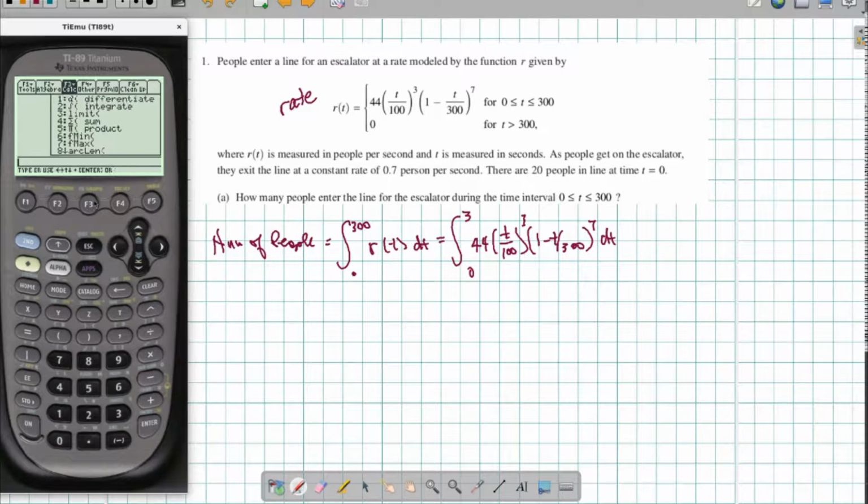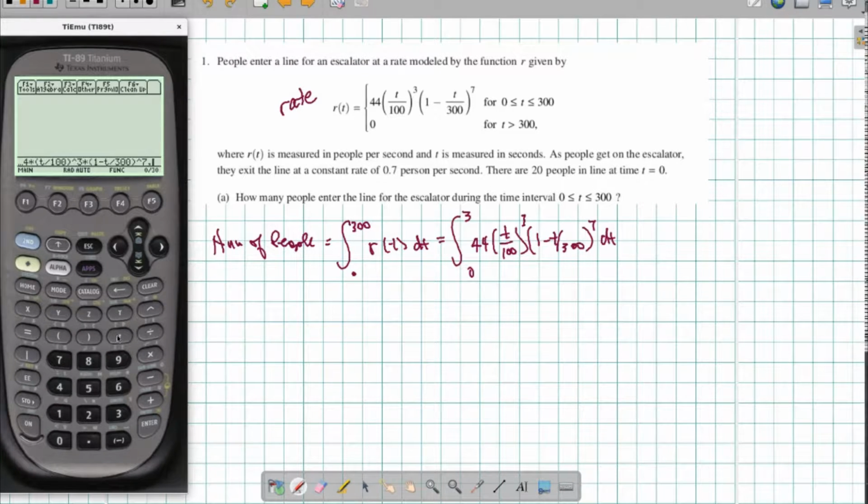So we're going to go ahead and do this. I'm going to use F3 for the calculator. We're going to integrate 44 times t divided by 100, and I need parentheses there, raised to the third, times, and open parentheses again, 1 minus t over 300, close, to the seventh power.